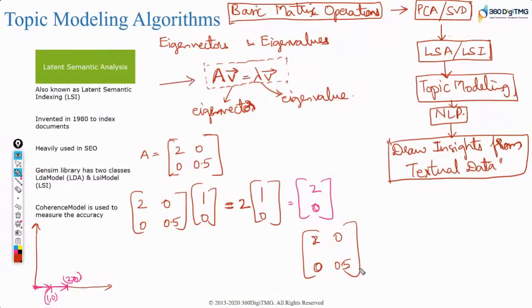That means if you take the vector 0, 1, it is equal to 0.5 into 0, 1. The 0 and 1 that you have here can be written in this way. 0 and 1.